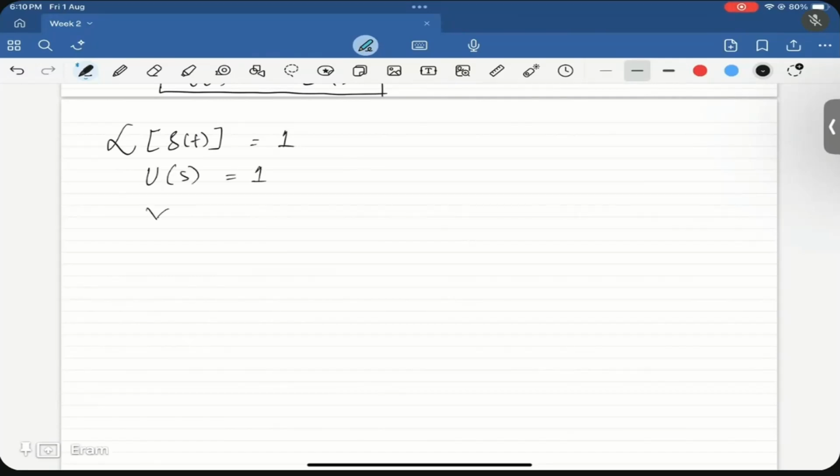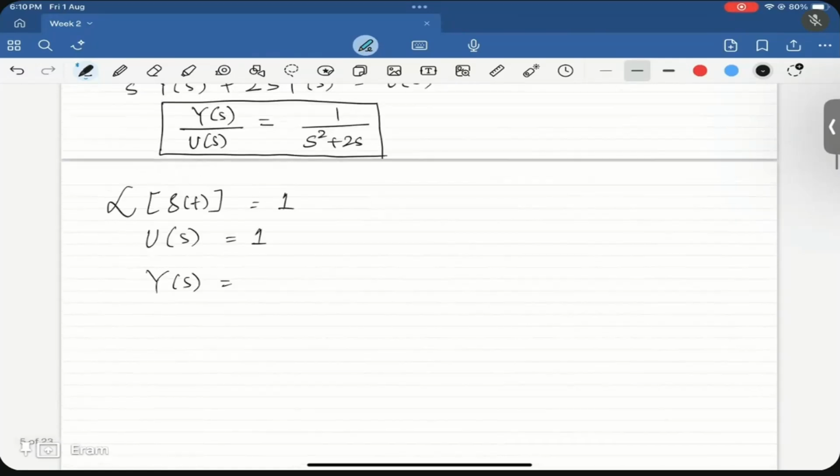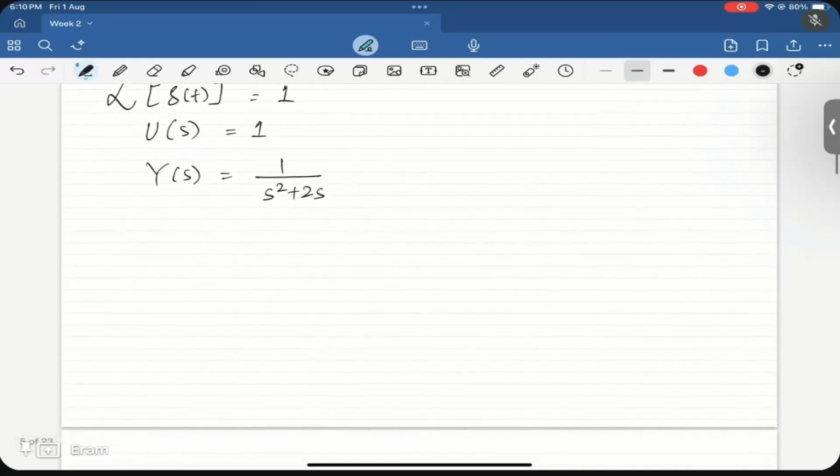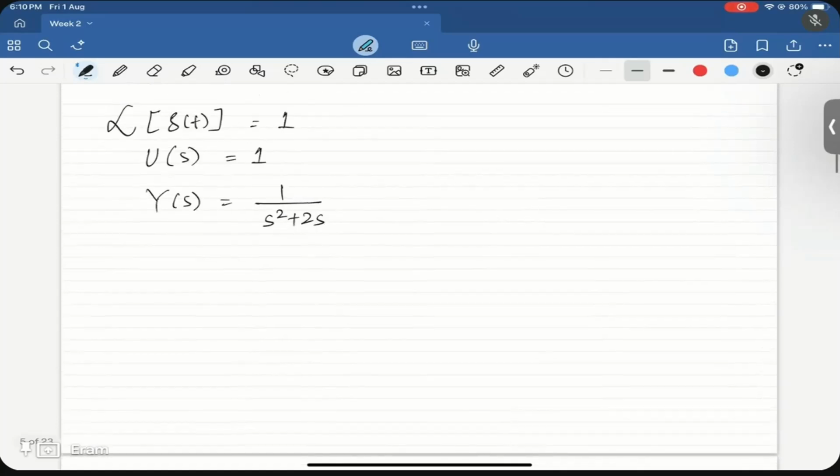Then Y(s) will be the same as the transfer function. And now we have to find the impulse response in the time domain, so we have to take the inverse Laplace of this. So how to solve it?